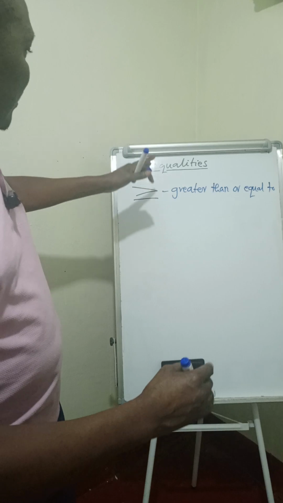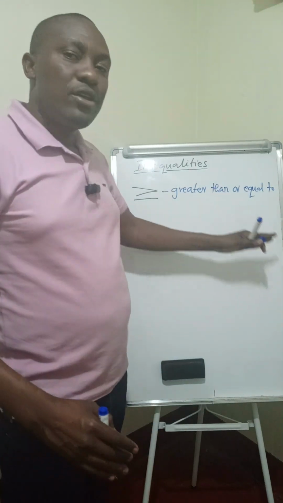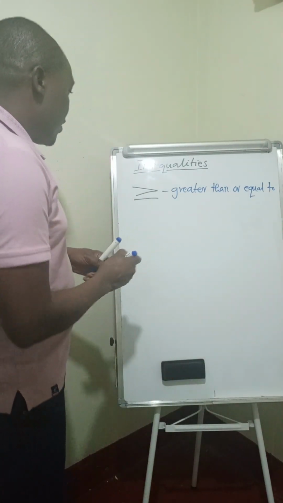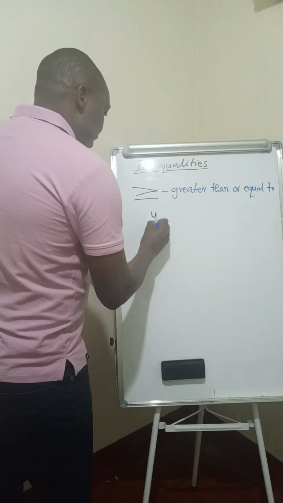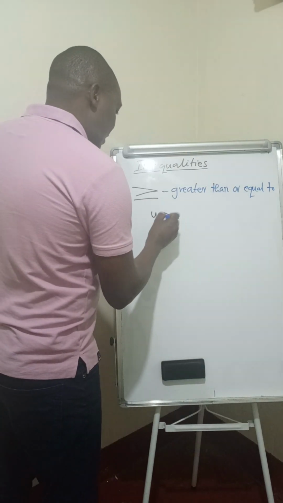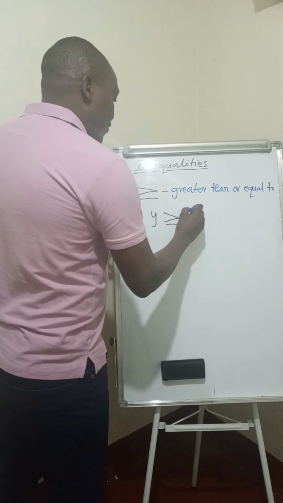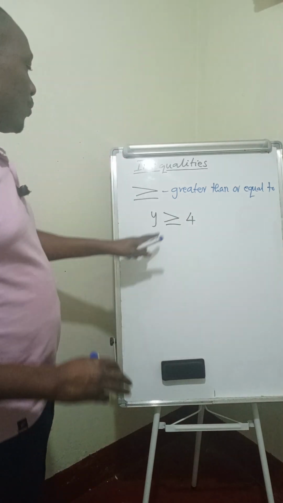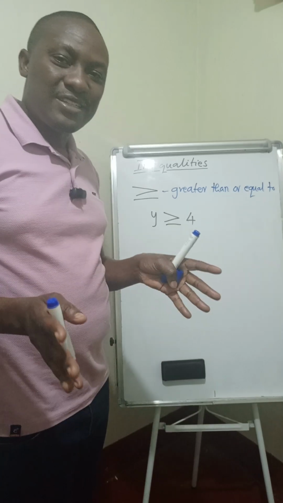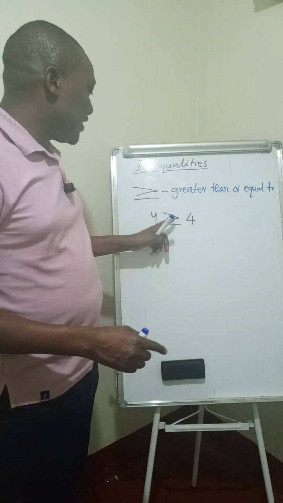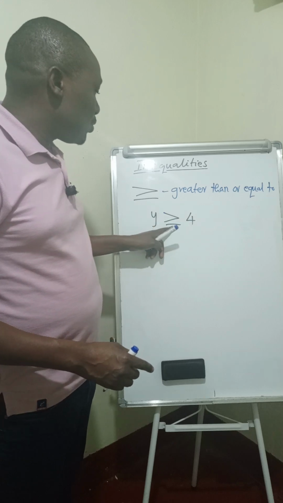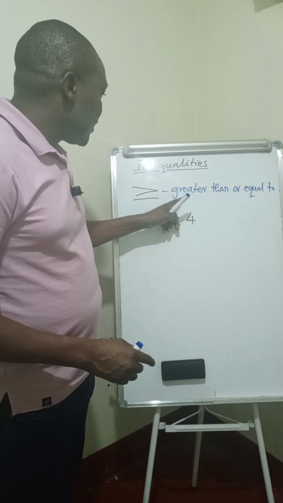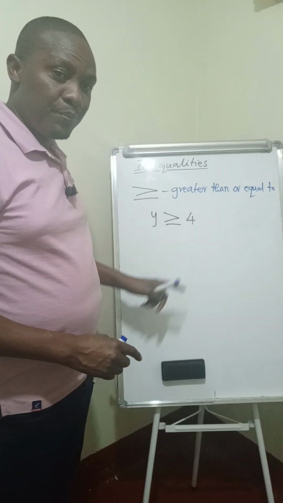If we use a different value, let's say y is greater than or equal to 4, y is greater than 4, or y is equal to 4.